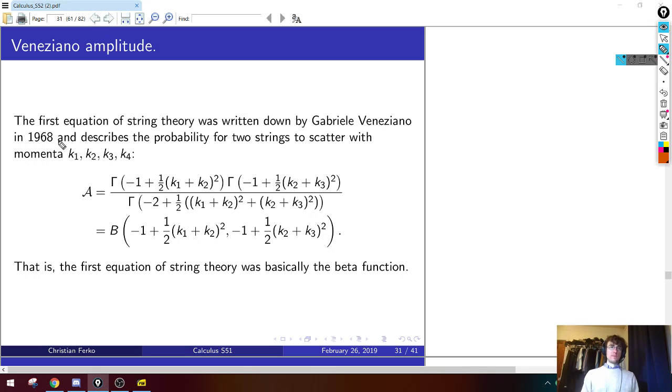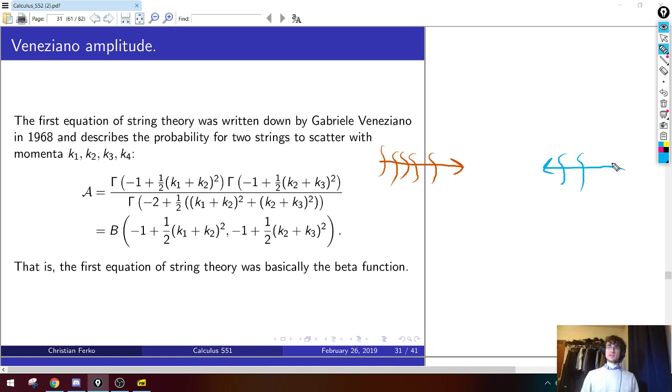Surprisingly, string theory didn't really start as a theory of strings. So this Veneziano guy, whose name this equation bears, was trying to understand the physics of the strong nuclear force way back in '68. And in doing that, he considered a certain scattering experiment, which today we would describe as follows. You have some incoming beam of strings that you fire to the right, a bunch of open strings, and then another beam of strings coming from the right side.